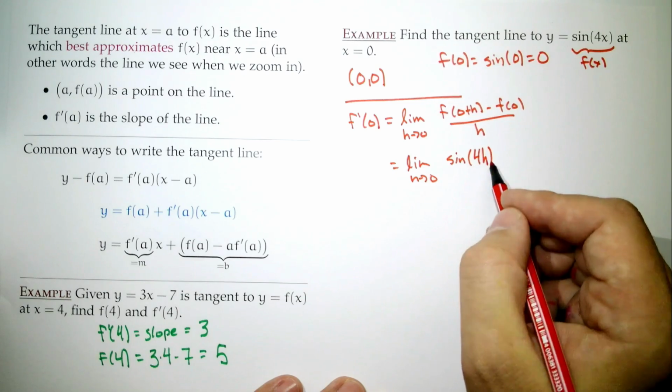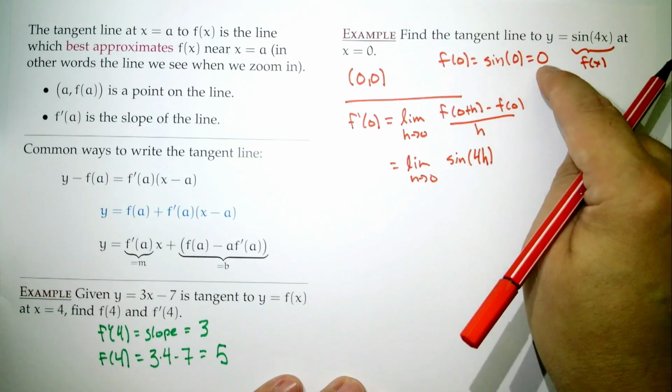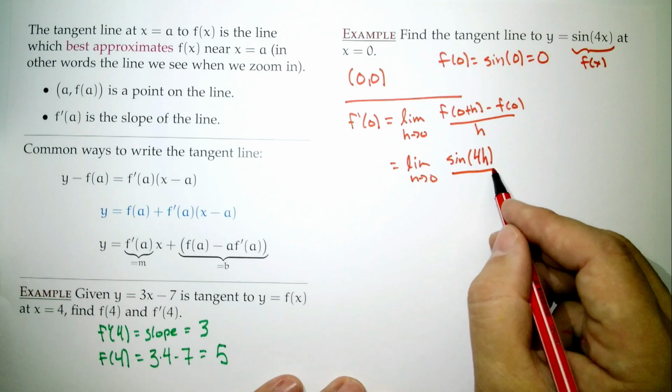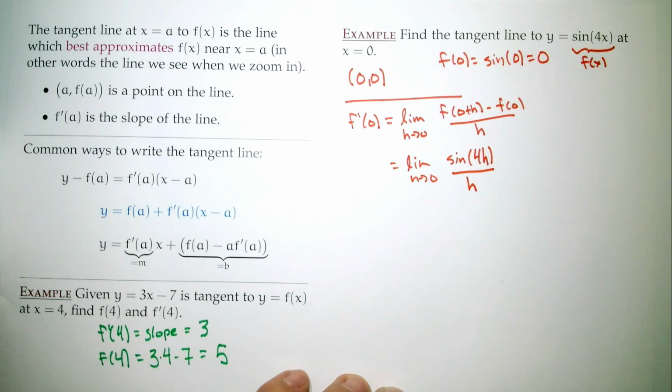F of 0, we already saw that was 0, all divided by h. Now this is good because we say, oh, wait a second, this kind of reminds us of something. What does this remind us of? Sine of blah over blah. Wow, someone even remembers the technical terms. Right, good.